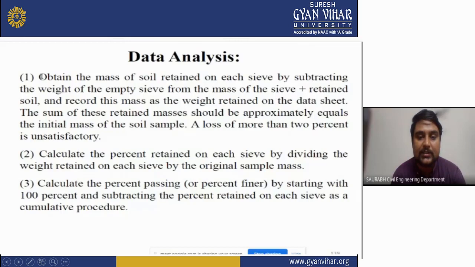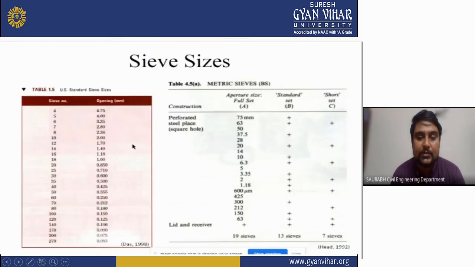Calculate the percentage retained on each sieve by dividing the weight retained on each sieve by the original sample mass. Calculate the percentage passing by starting with 100% and subtracting the percentage retained on each sieve, as the cumulative procedure.